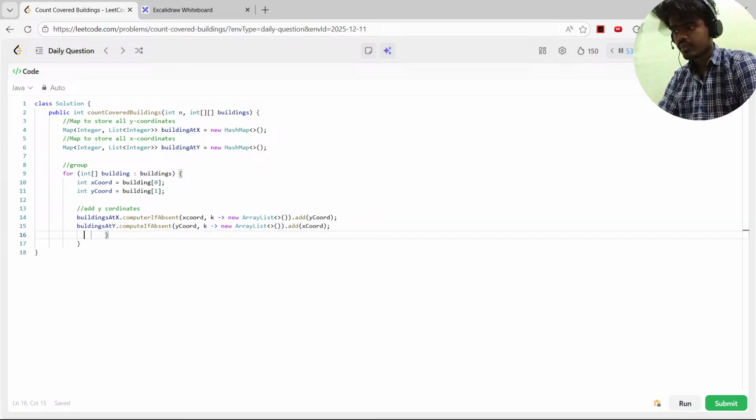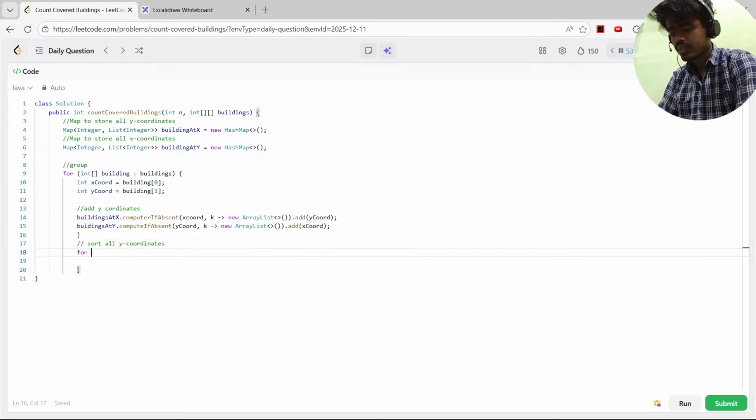Alright, now you do sorting, right? So sort all y coordinates, right? For each x to find min and max efficiently, right?